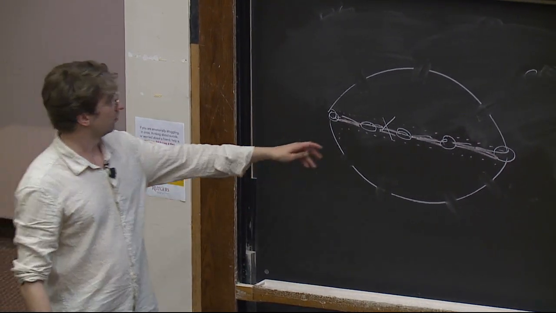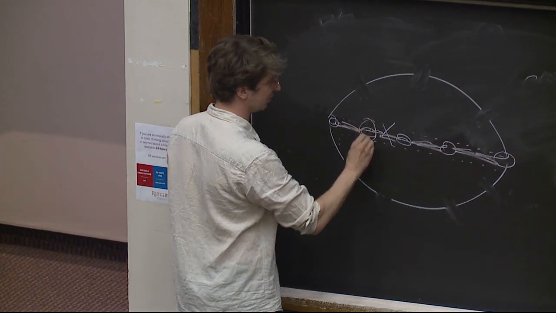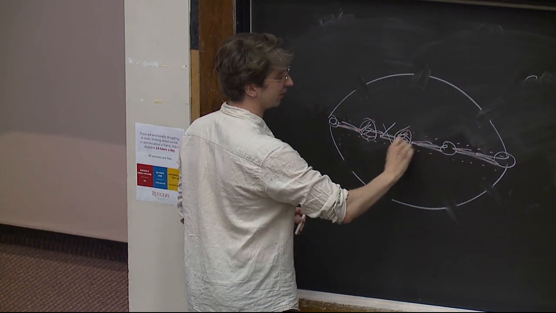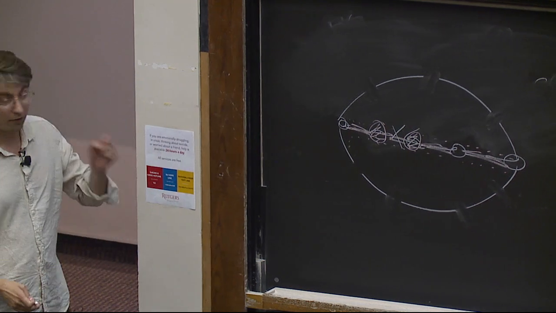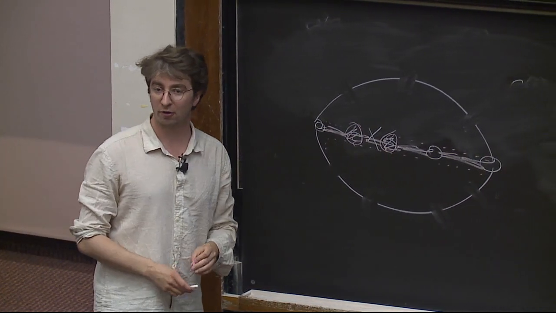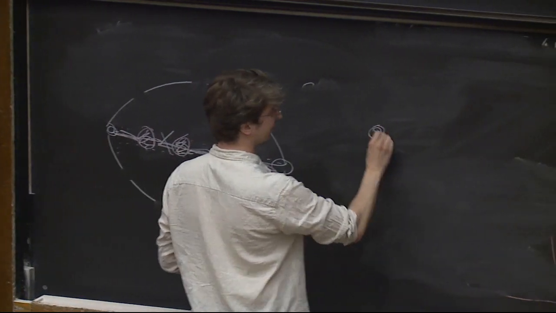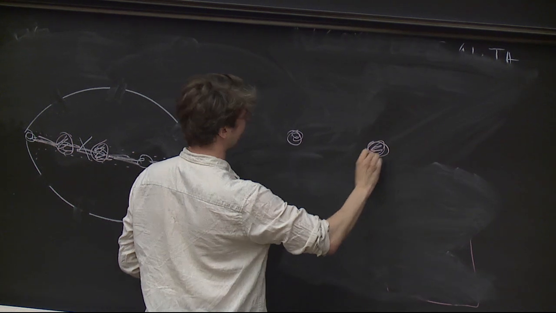So I mark the two endpoints of that edge orange. Now I'm going to build a new graph on the orange vertices. Here is my first orange vertex, my second orange vertex.